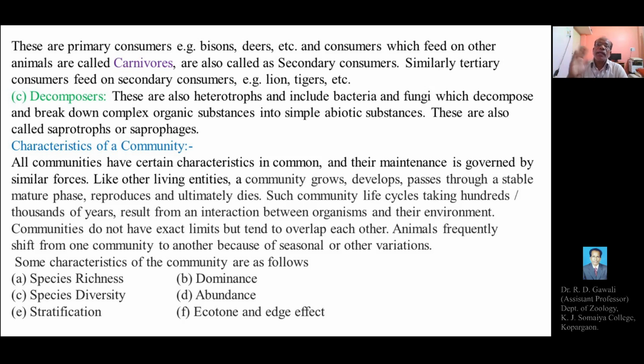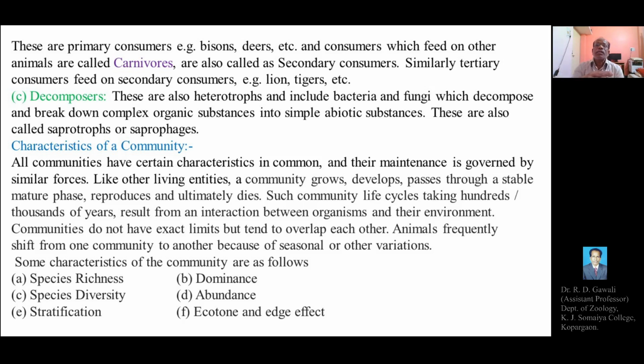So, other plants and animals are used or decomposed or broken down into a simple form of abiotic substances, that is, organic to inorganic.